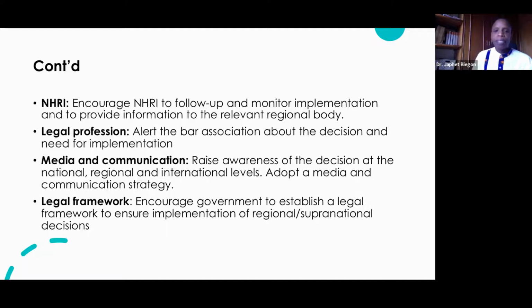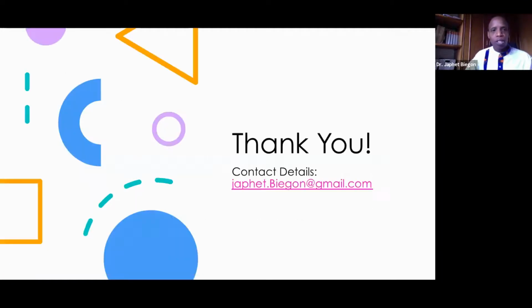But the point here is that I would advocate for governments to establish legal framework or be aware that decisions of the court of regional international bodies need a mechanism at the domestic level for their reception and implementation.